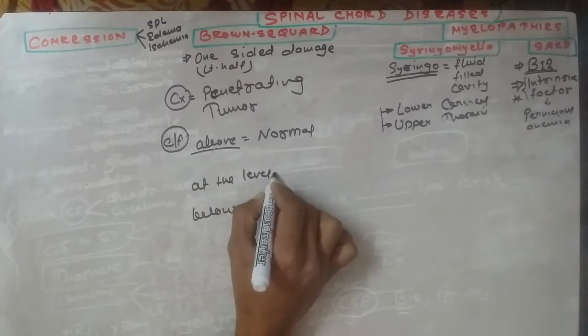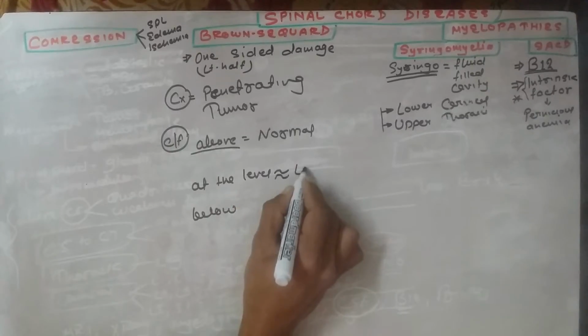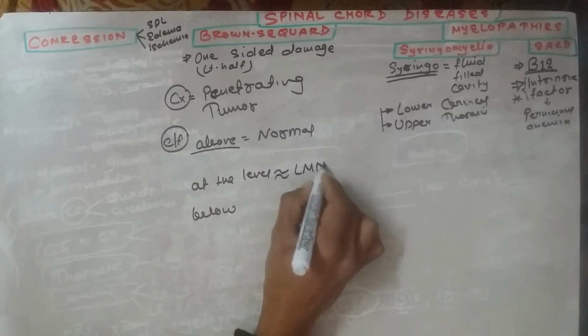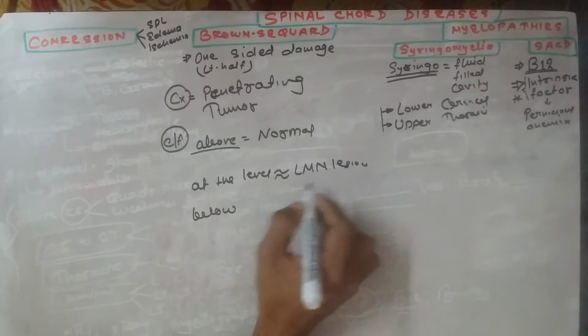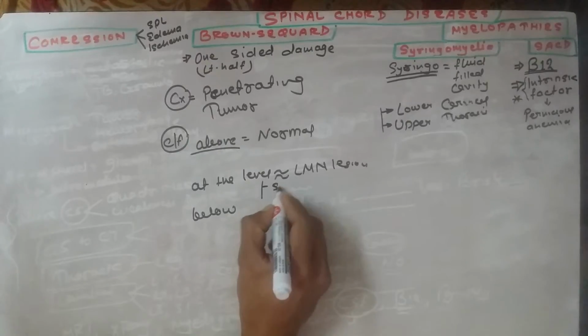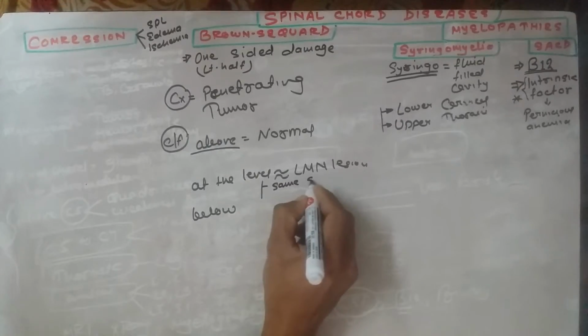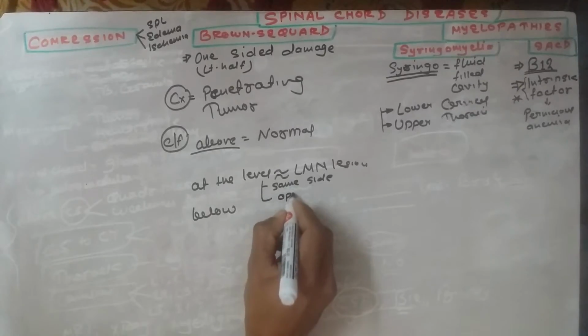At the level of the lesion, the feature is similar to that of a lower motor neuron lesion. We should know what happens on the same side and what happens on the opposite side.